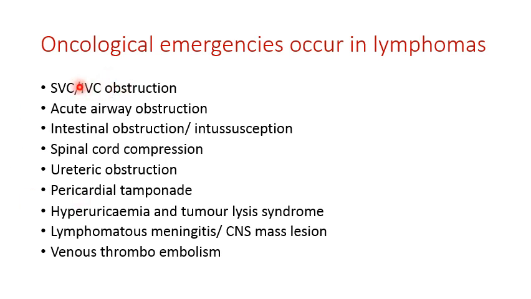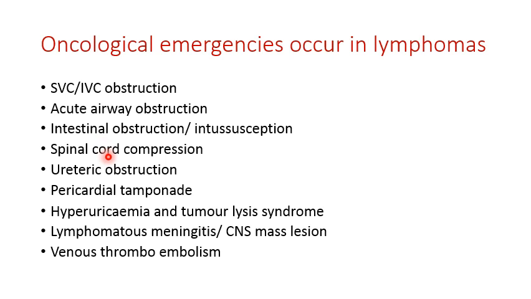So what are the oncological emergencies that occur in lymphomas? They can cause SVC or IVC obstruction due to compression. Also, they can cause acute airway obstruction because of the SVC obstruction or direct compression of the trachea. And if it is intestinal lymphoma, it can present with intestinal obstruction or intussusception.